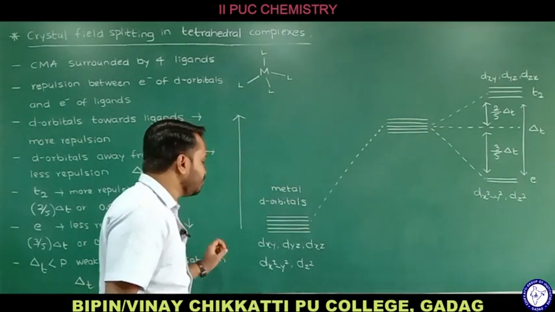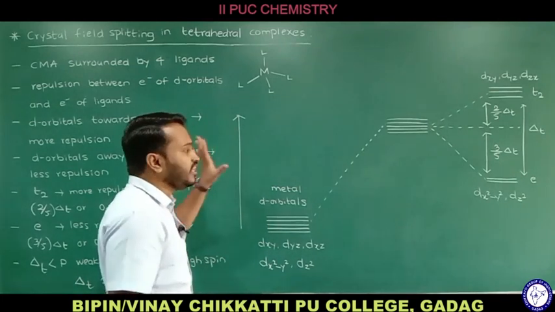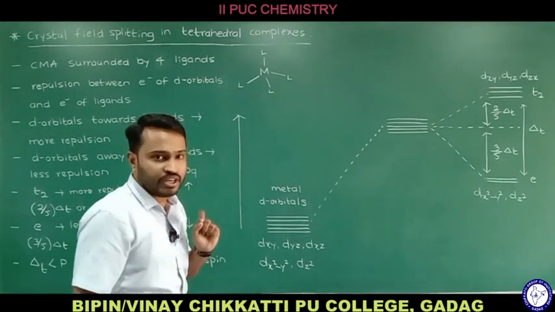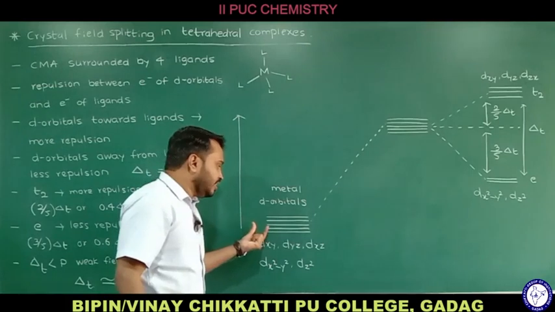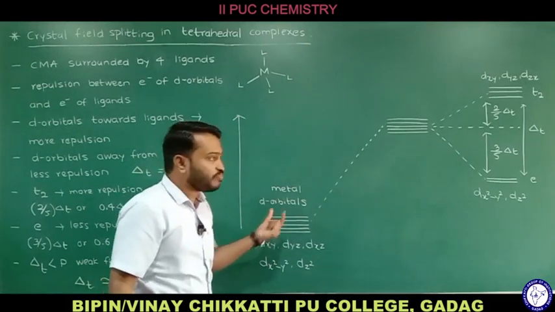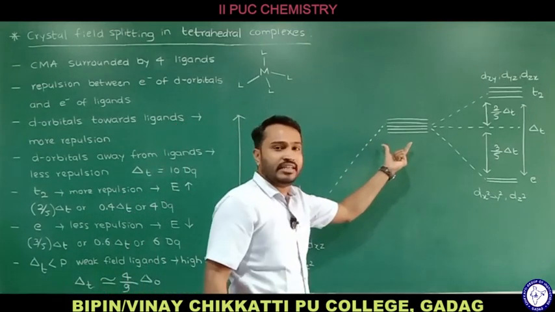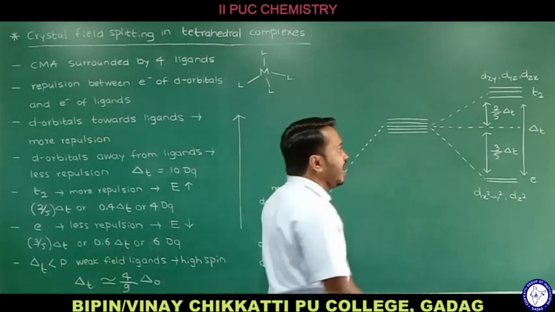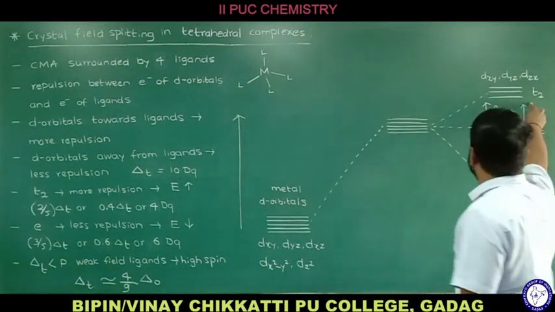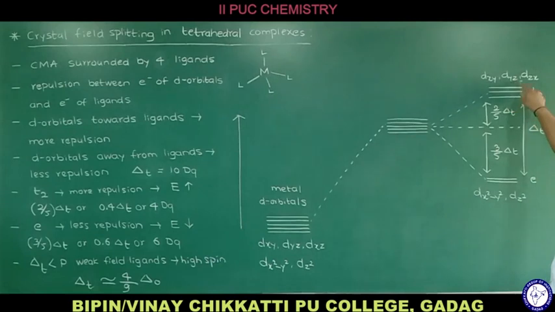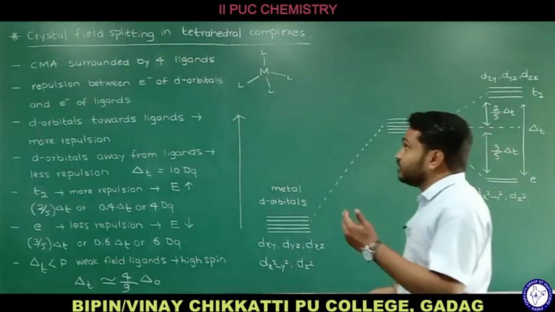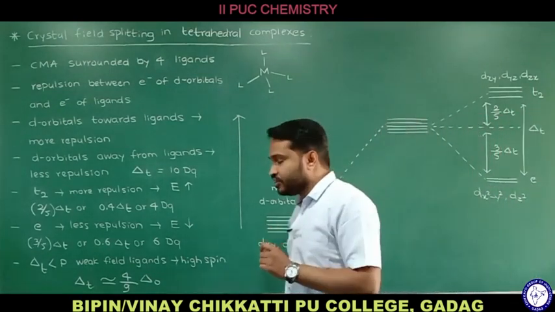This is the reason I mentioned that from bottom to top the energy increases. So this is the original degenerate d atomic orbitals, this is the average, this will be T2 since it has dxy, dyz, dzx, and this will be E with dx square minus y square and dz square, and the magnitude of the change in crystal field splitting I have mentioned here.